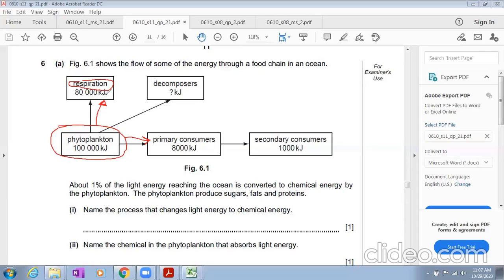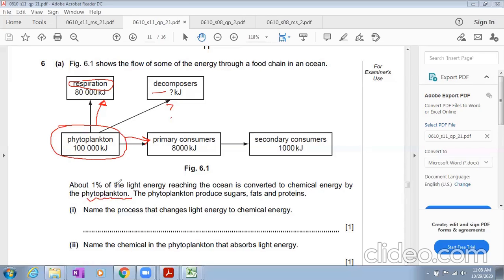So this amount of energy is released in respiration, and how much energy does the decomposer get? This is a question. First of all, let's move to the questions. About 1% of light energy reaching the ocean is converted into chemical energy by phytoplankton.